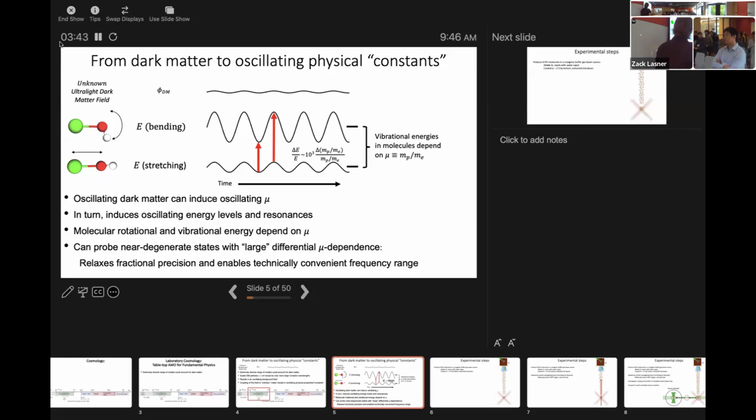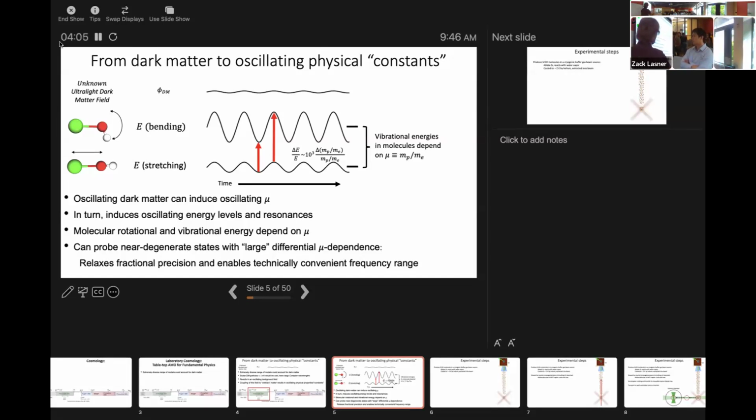So we think SrOH has transitions up to enhancement of the relative sensitivity by about a factor of 10 to the 3. What that means is if we want to measure a mu variation to part in 10 to the minus 17, we only have to measure the transition energy between these states to about part in 10 to the minus 14.